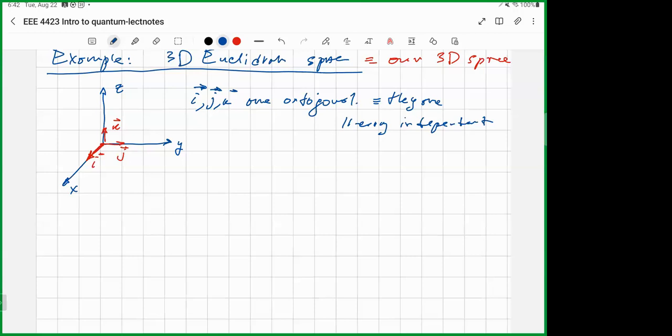So in order to define the direction in space, we need to normalize a vector by its length. For a given vector vi, some arbitrary vector in our space, we take its modulus, and this modulus denotes the value or length of the vector vi. So this is how we denote the length of a vector.